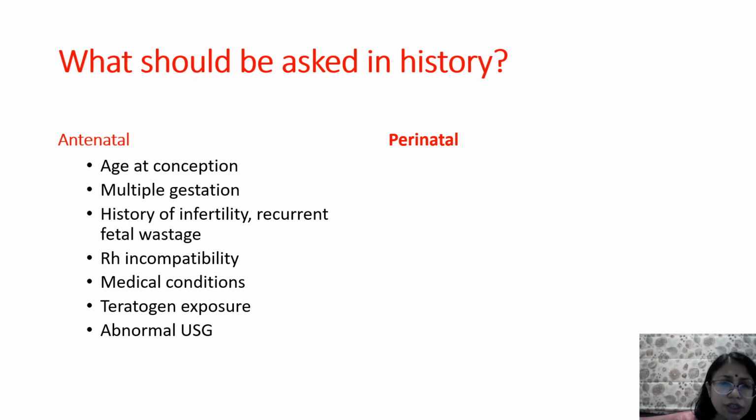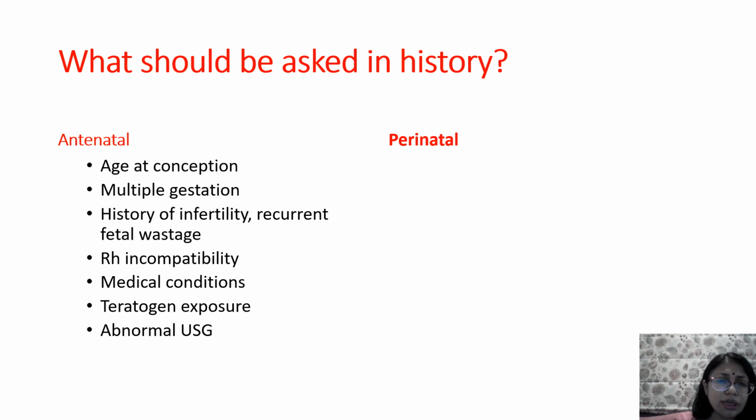Then multiple gestation, as the second twin or the consequent twin may be more prone to birth asphyxia. Then history of infertility and recurrent fetal wastage, as that may indicate an underlying chromosomal abnormality. Rh incompatibility, as it may lead on to neonatal hyperbilirubinemia and later on bilirubin sequelae, and choreoathetoid kind of cerebral palsy.